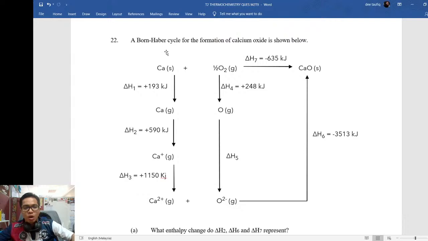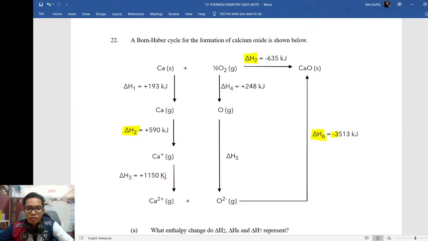Number A, what enthalpy change do delta H2, delta H6 and delta H7 represent? So, kita highlight apa yang soalan nak. Dia nak delta H2 and then delta H6 and delta H7. Okay, delta H6 ni dia bagi negative sign kat sini.